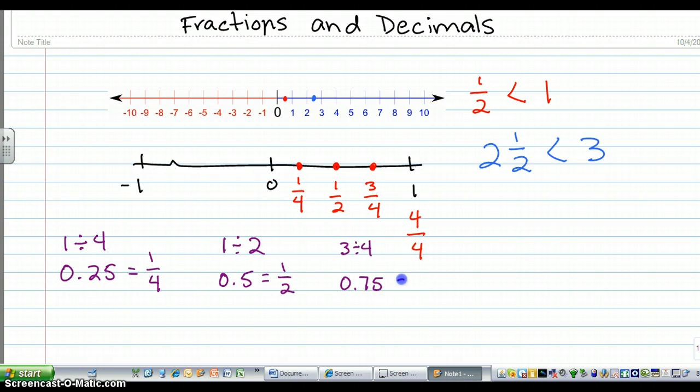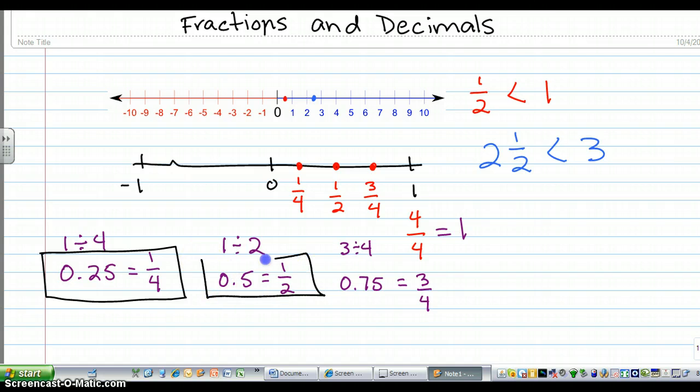And 0.75 is another way of saying 3/4. And if you put 4 divided by 4, 4/4, you're going to come up with 1. Okay, so these are fractions and their decimals that you really should memorize. So if you don't have these down in your notes, please take the time to write that now so that you know what each of these fractions and decimals are.